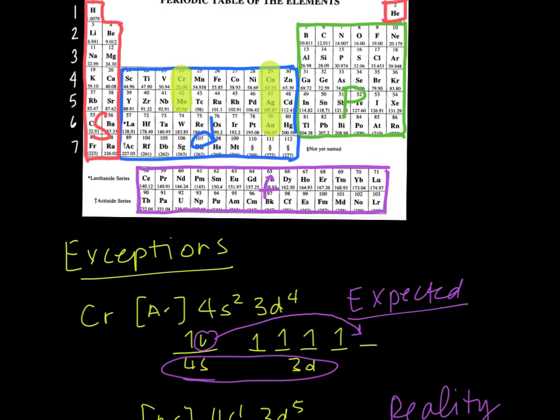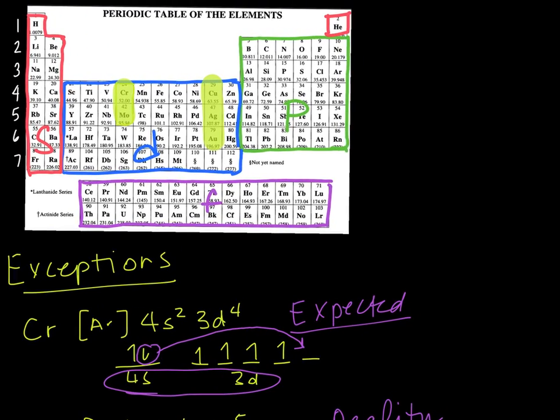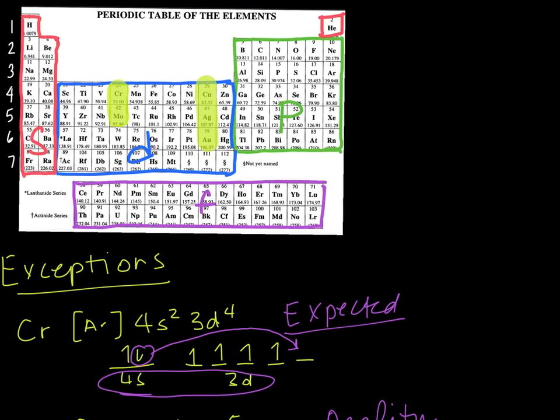And so we'll look at copper's electron configuration. I'm going to move this as far over as I can. So copper is also going to be argon 4s2 3d9.